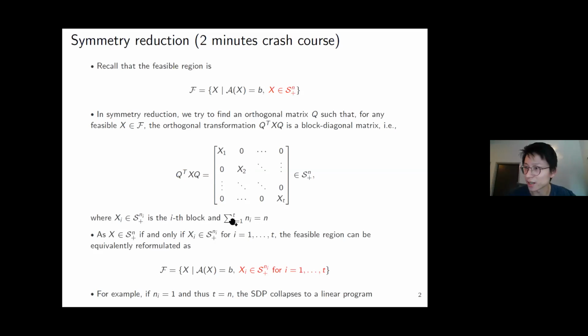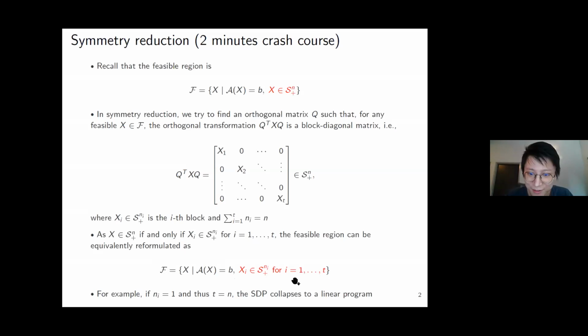And of course, the sizes have to sum to N. So that means instead of checking that this matrix X of size N is positive semi-definite, I could as well equivalently check each small block is positive semi-definite. And checking a smaller matrix is positive semi-definite is a much easier task.